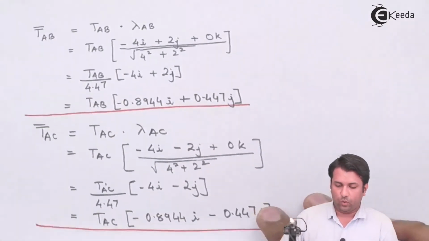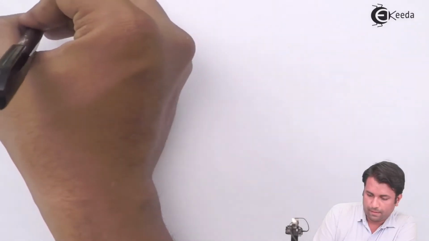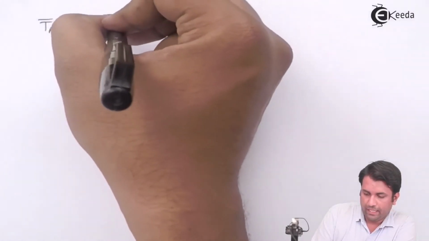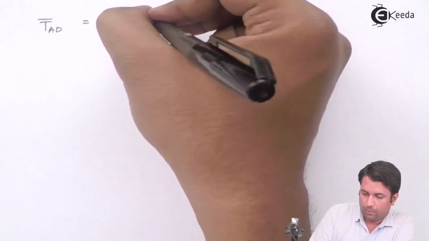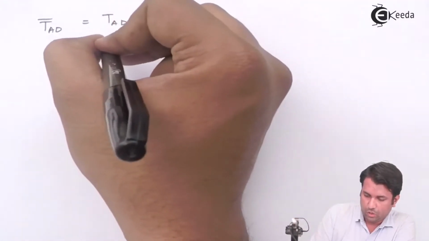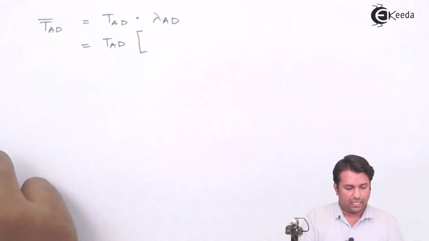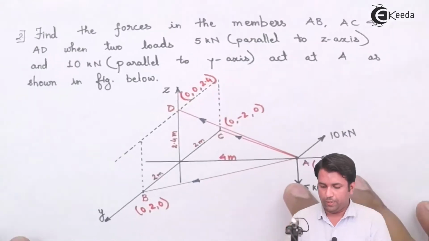Similarly, I will find the force vector along AD. That will be the magnitude times the unit vector AD, which is nothing but D minus A. I'll just show it to you over here.